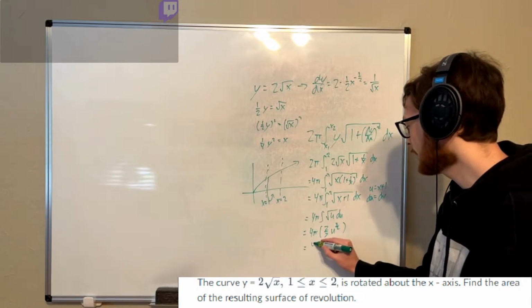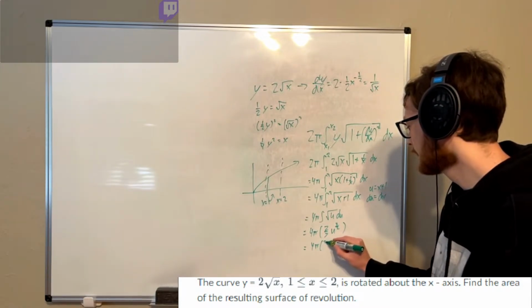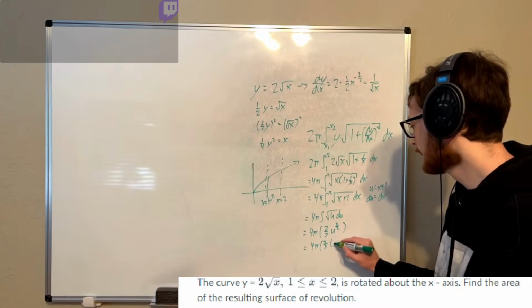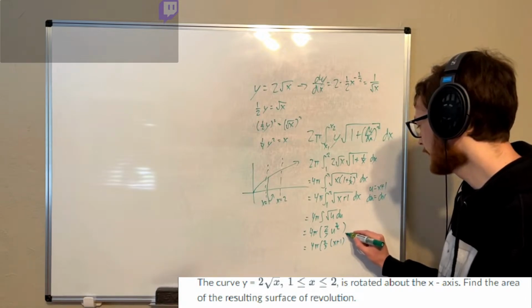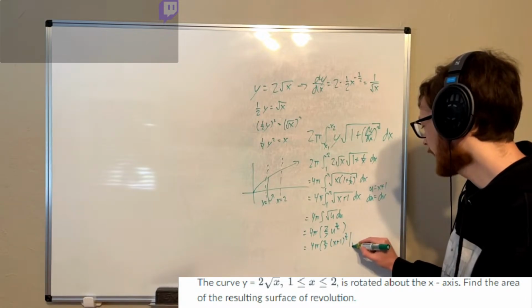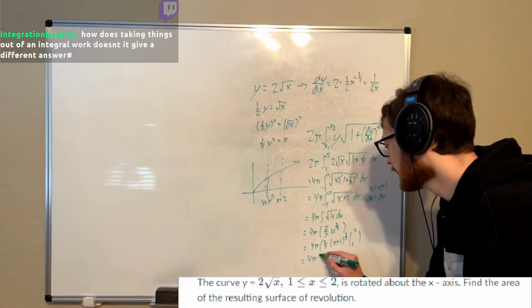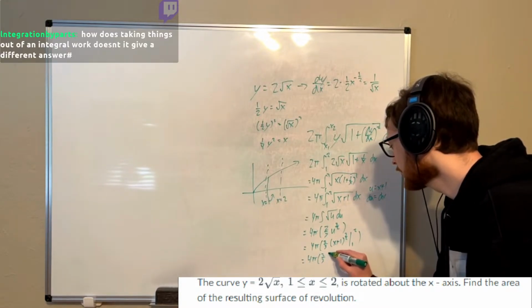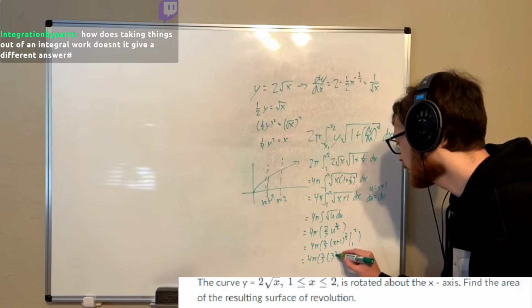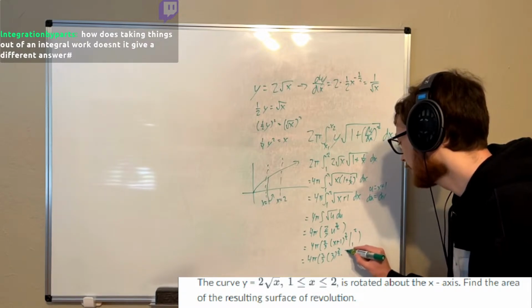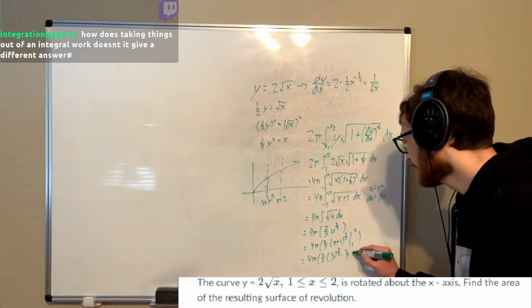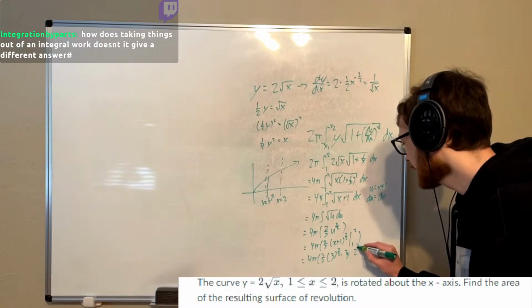Now let's unsub and plug in our bounds. (x plus 1) to the 3 over 2, evaluated from 1 to 2. 4 pi times 2/3 times 3 to the 3 over 2 minus 2/3 times 2 to the 3 over 2.